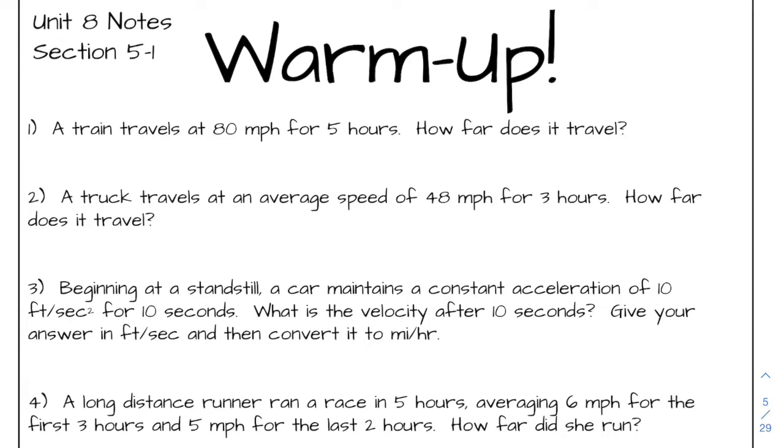So you have a train that's traveling at 80 miles per hour for 5 hours. How far does it travel? So most of you would have done 80 miles per hour times the 5 hours, and you get a total of 400 miles.